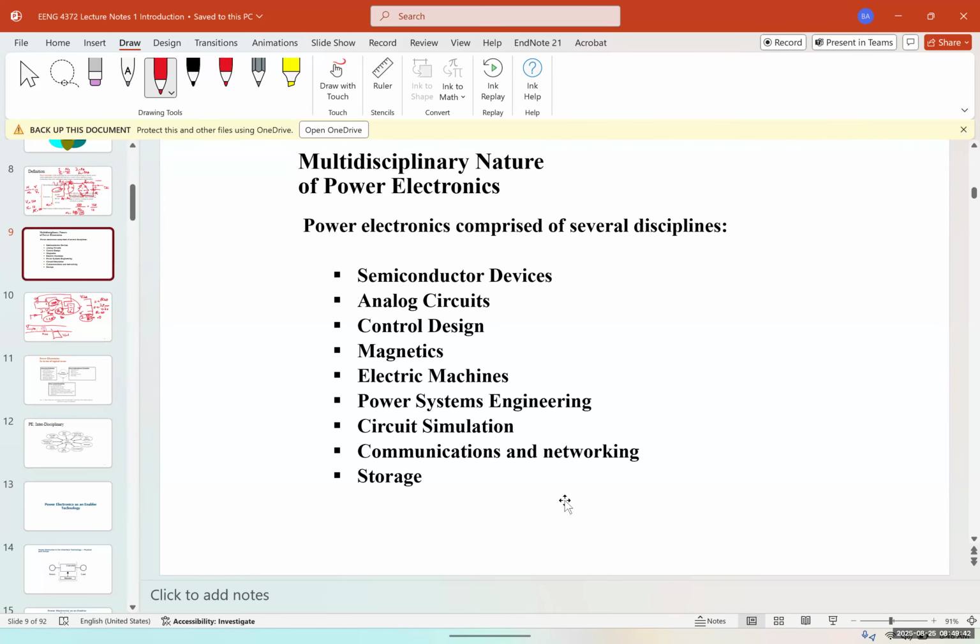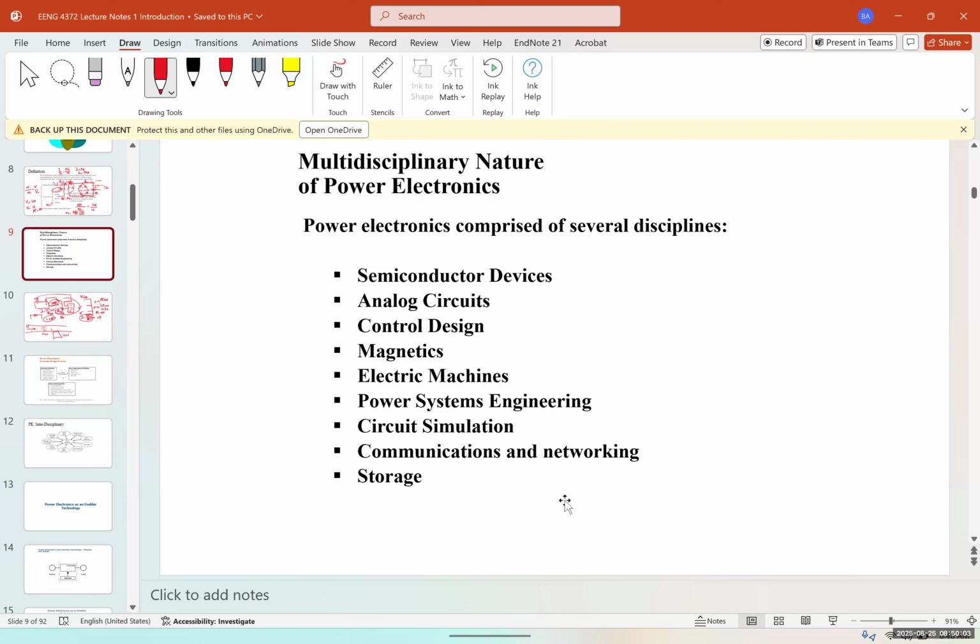The rise in semiconductors and the emergence of new transistors made power electronics widely available. 30 years ago, 20 years ago, they couldn't even think of building something like a drone.